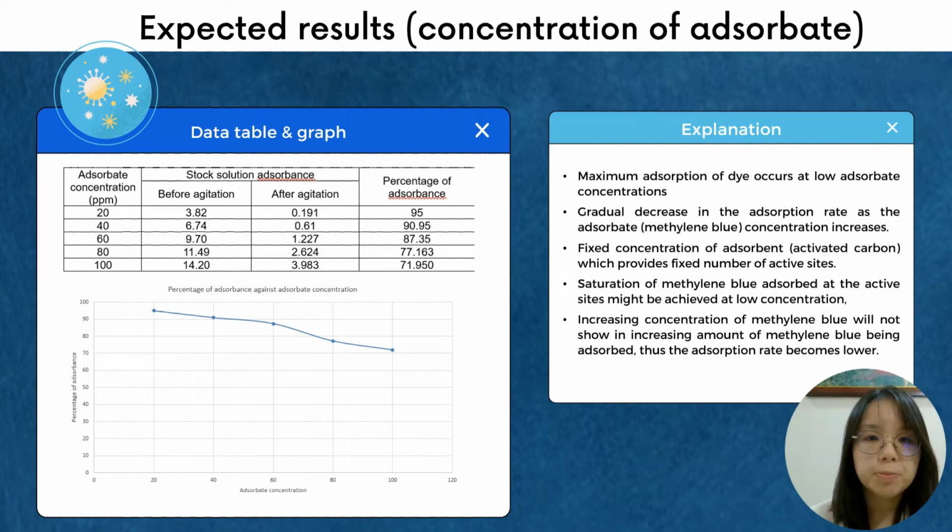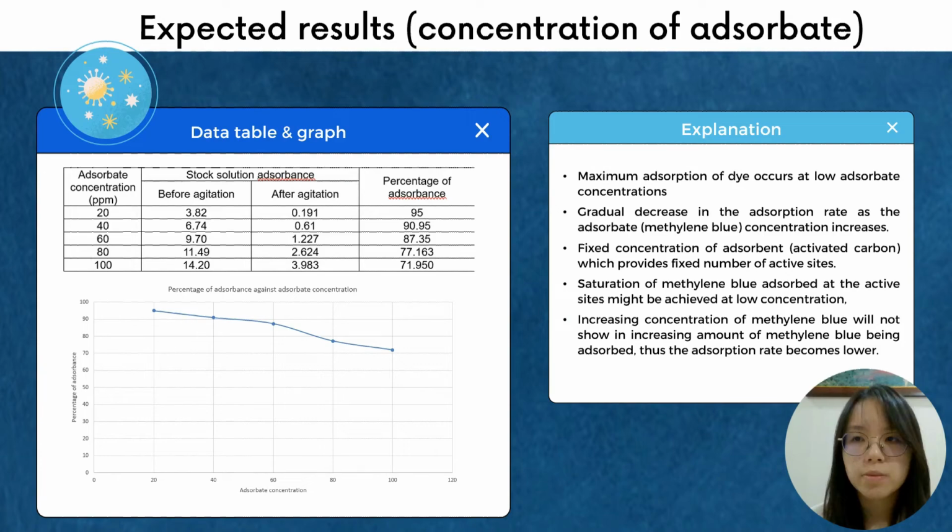Explain on the expected results for the concentration of adsorbate. So it is expected that maximum absorption of dye occurs at low adsorbate concentrations, while there will be a gradual decrease in the absorption rate as the adsorbate, which is methylene blue, concentration increases. This is due to the fixed concentration of adsorbent, which is activated carbon, which provides fixed number of active sites.